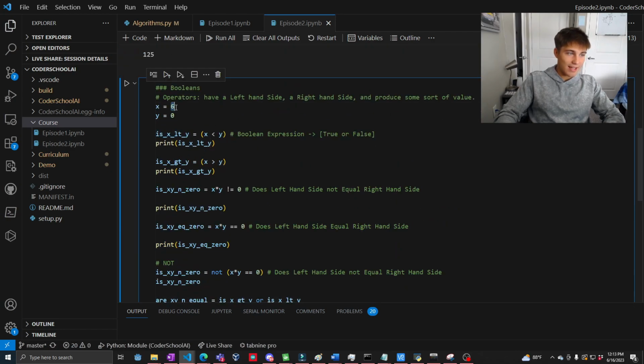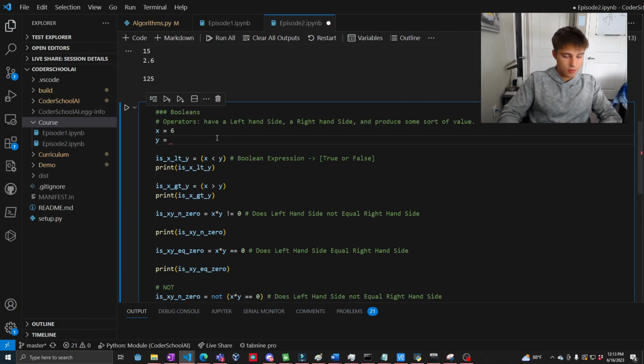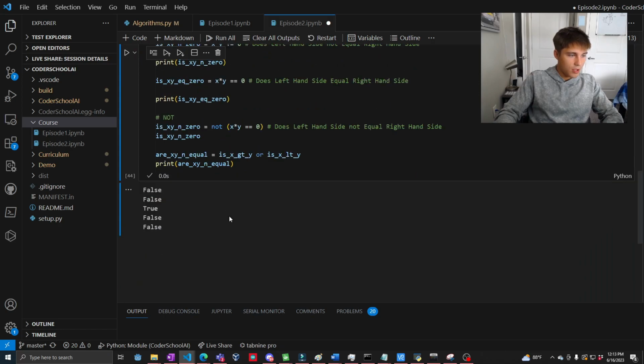Well, because 6 is 6 and 0 is 0. 0 and 6 do not equal each other. Well, what if we change this to 6 and run this? Well, you could see that that turns to false, right?